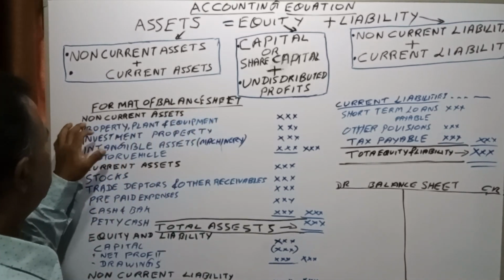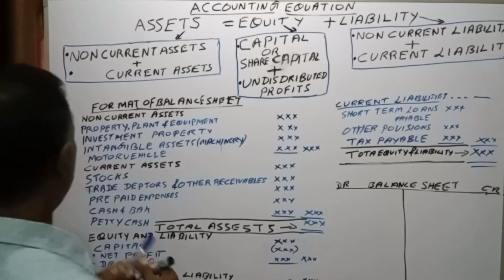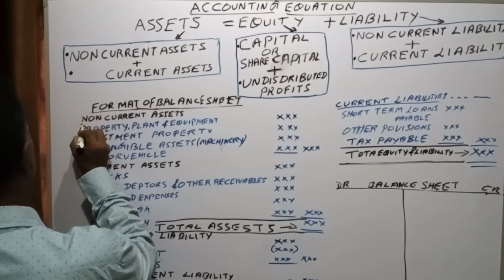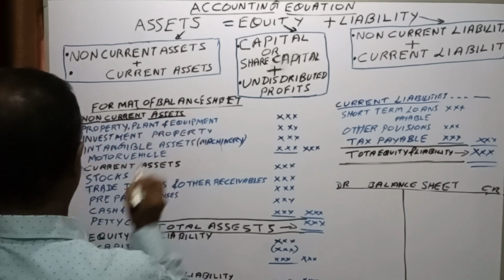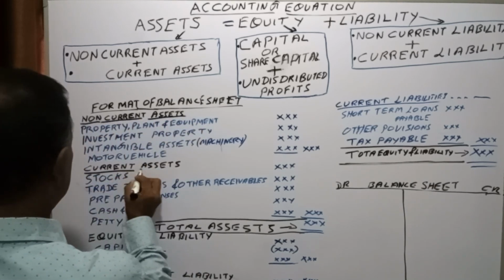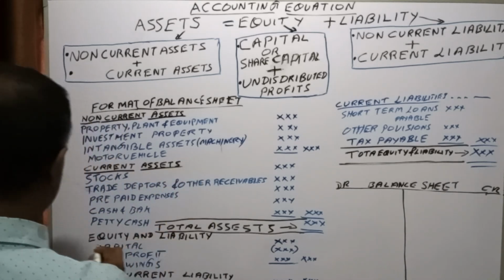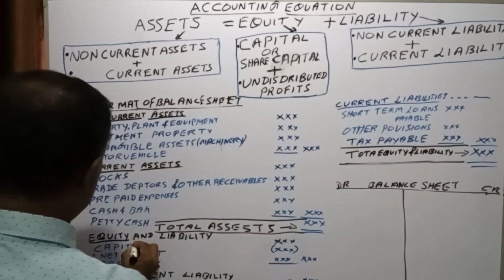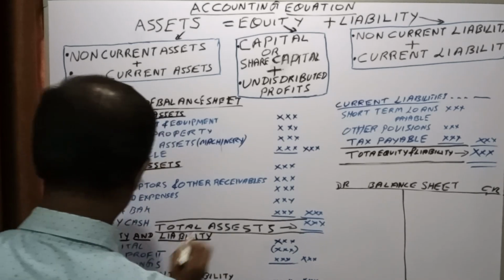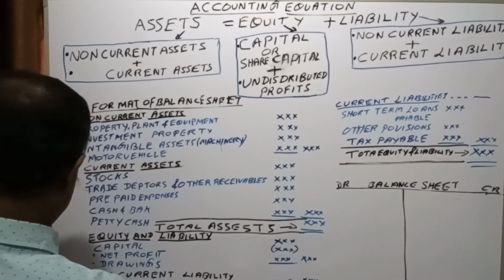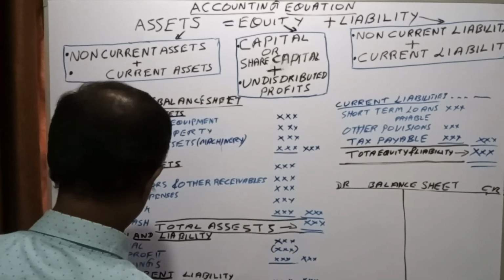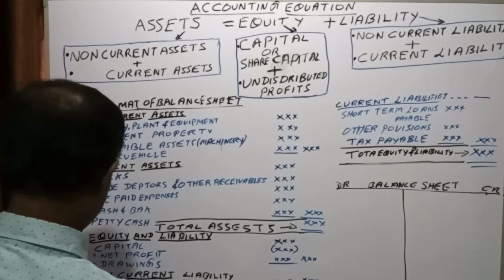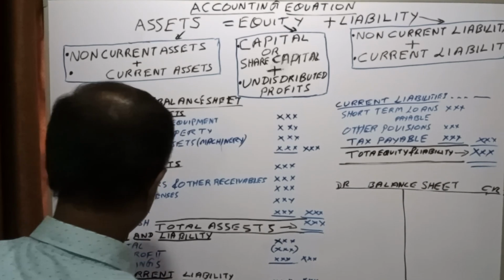Now we are saying the non-current assets. This is the current assets. This is equity and liability, right? This is non-current liability. This is current liability.